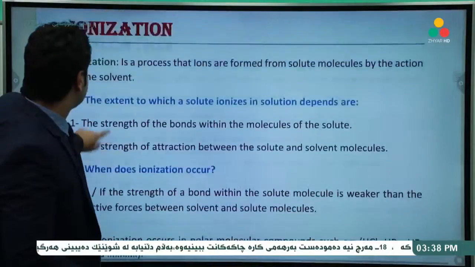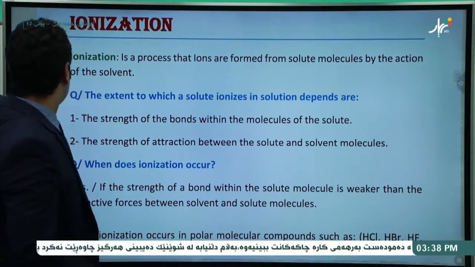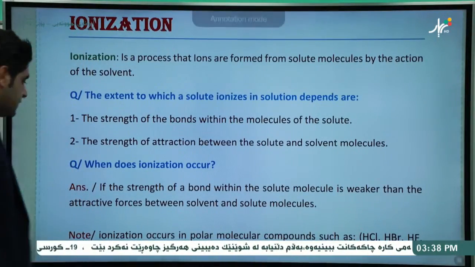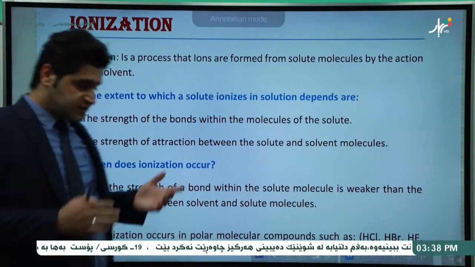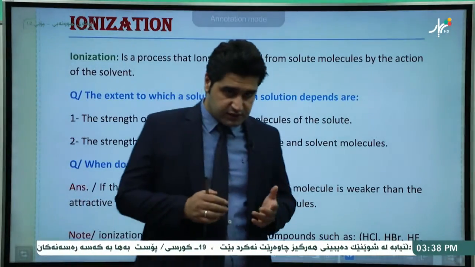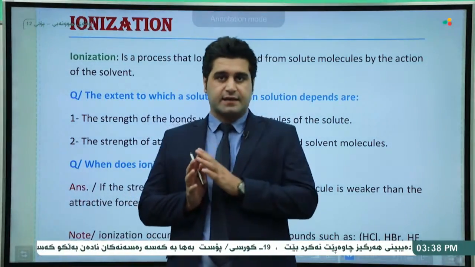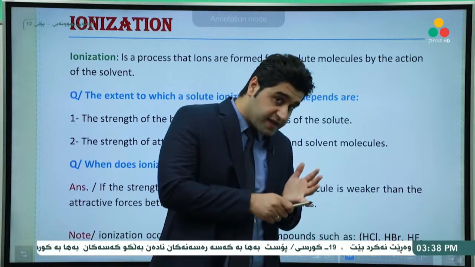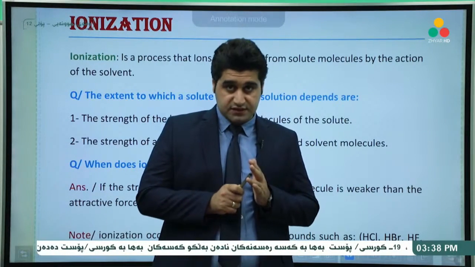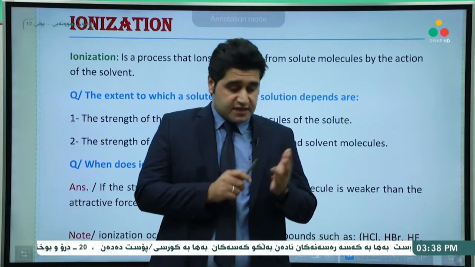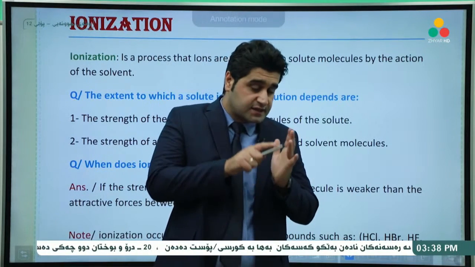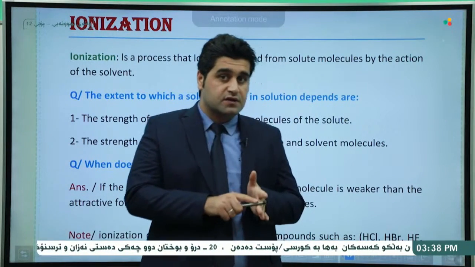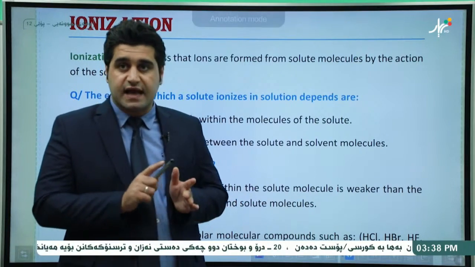Dear students, now we have the ionization. We've learned about the dissociation. Dissociation is for ionic compounds, strong bases and salts. But ionization is for weak bases, strong acids and weak acids.